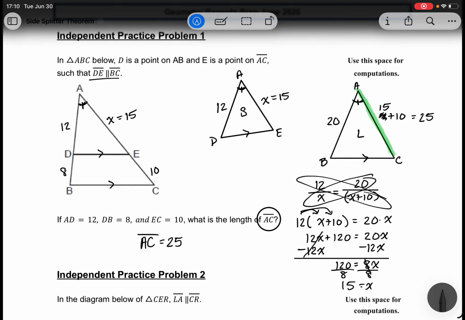If you got it incorrect, just take a moment to look over the work and see if you made any errors or if there are any misconceptions. You can also find the scale factor from 12 to 20 if you wanted to, and then do the same thing to get to the other side. It's your choice of how you want to play this. I know some teachers teach it differently.